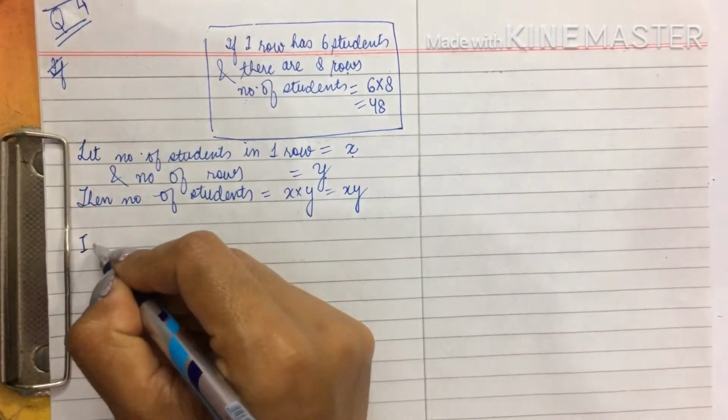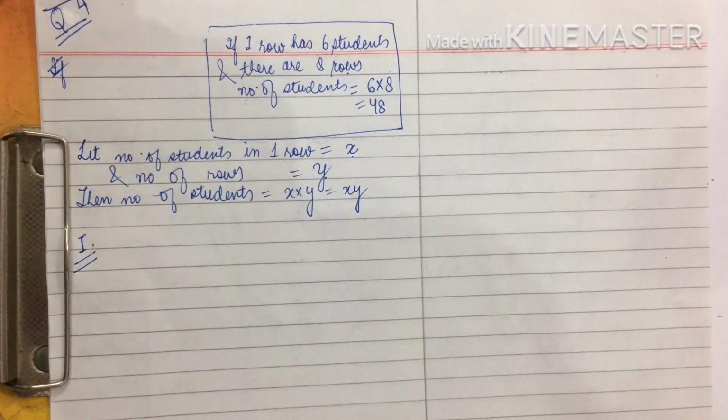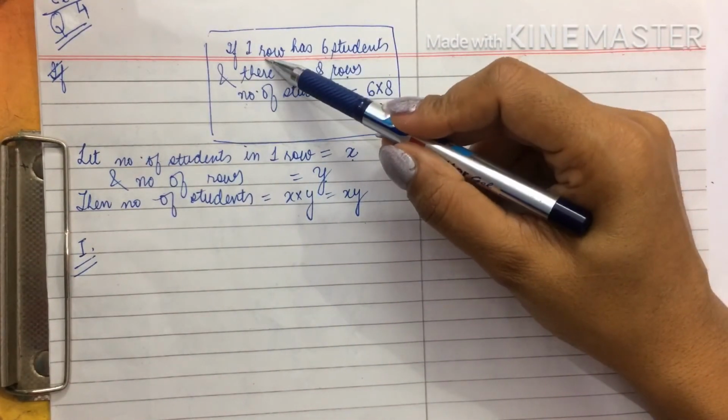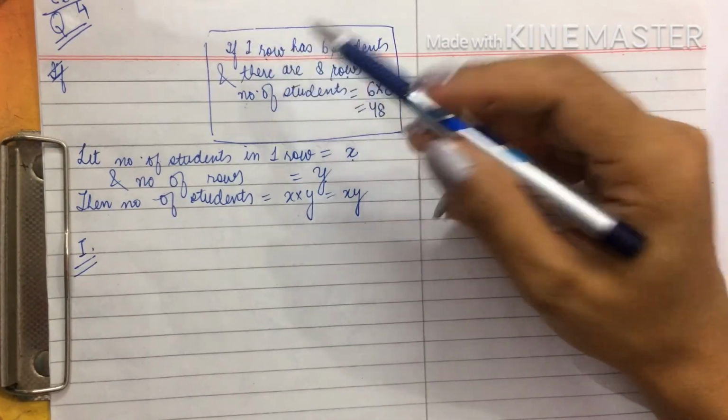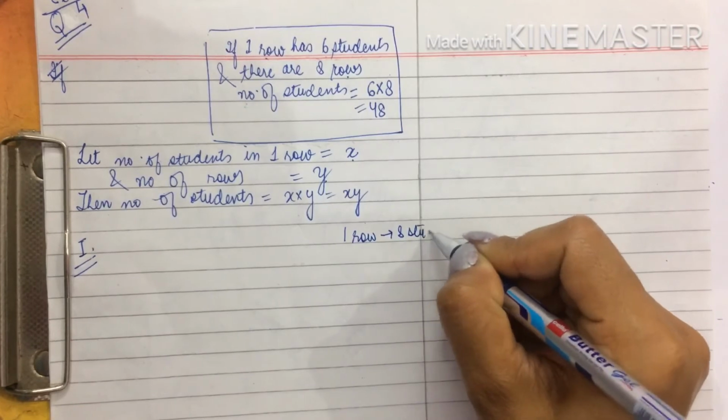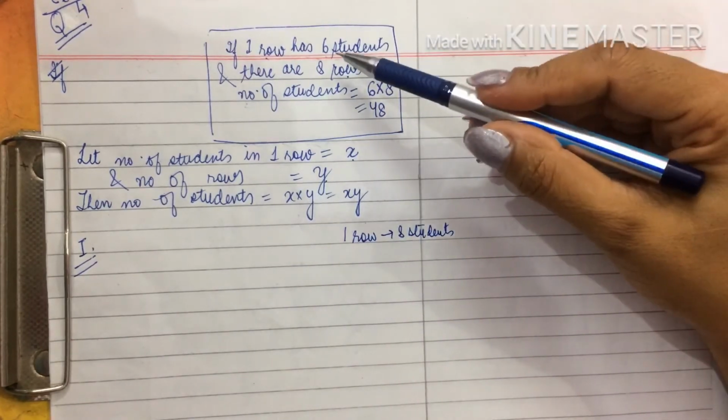In the first case, they have changed the arrangement. They have increased the number of students in each row. Since they increase the number of students in each row, the number of rows will reduce. Let us consider the same arrangement. Earlier I said there are 6 students in every line. What if one row has 8 students?